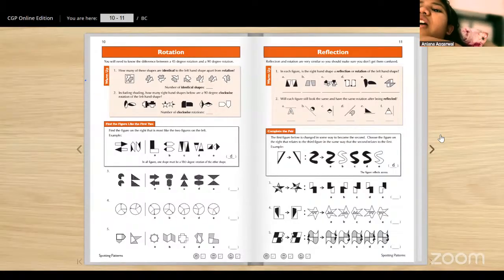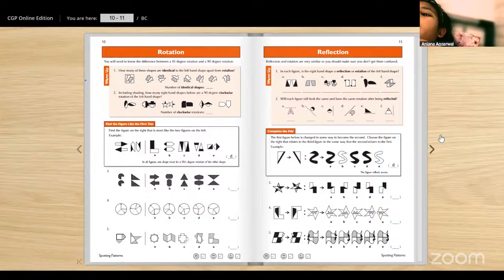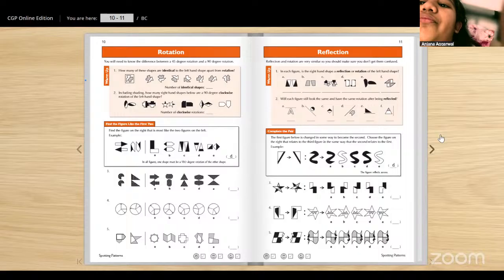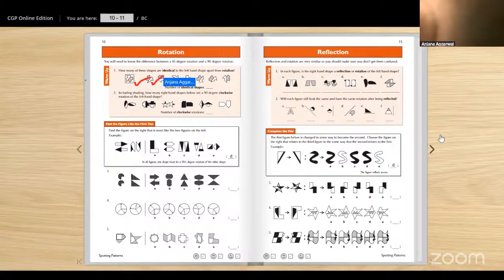So how many of these shapes are identical to the left-hand shape apart from the rotation? This one is correct. No, this one is also correct. Correct.